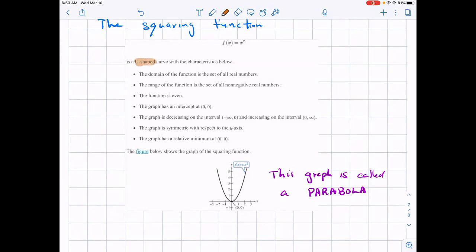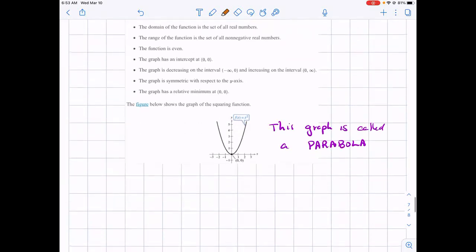And the characteristics, if we write out some of them: the domain is minus infinity to infinity. The range is 0 to infinity.